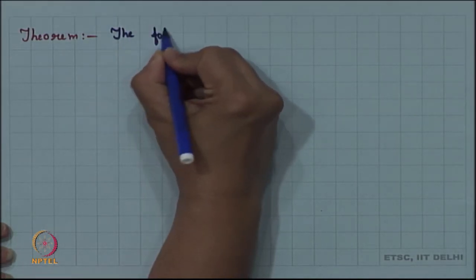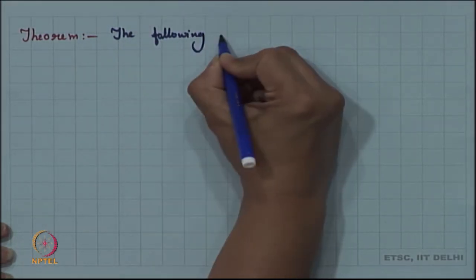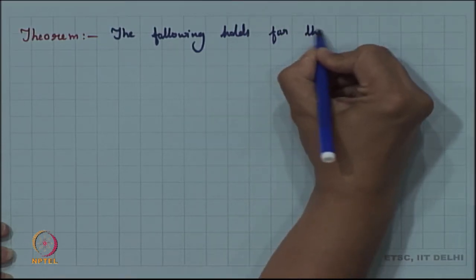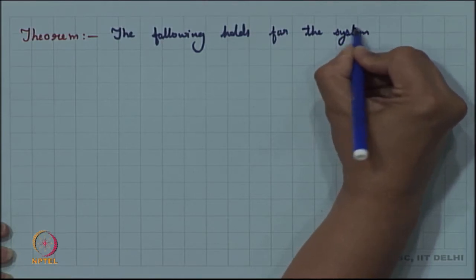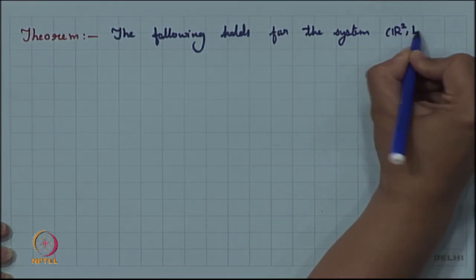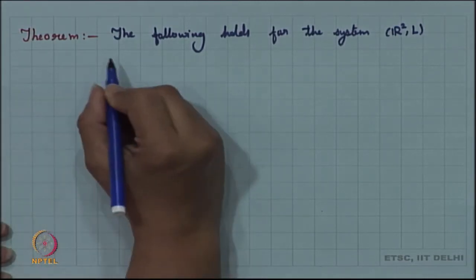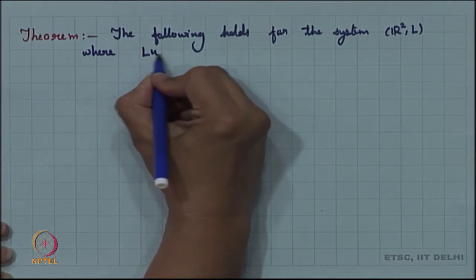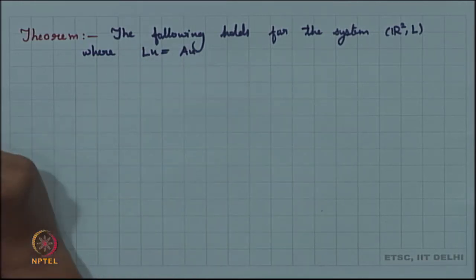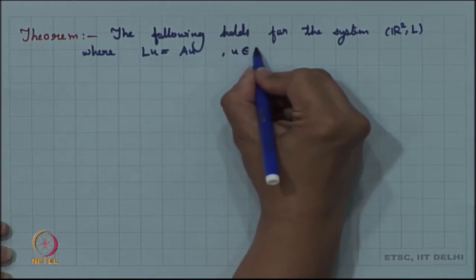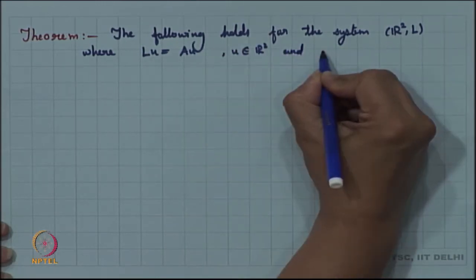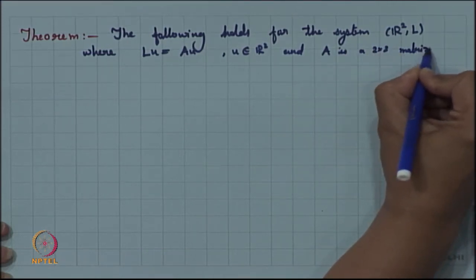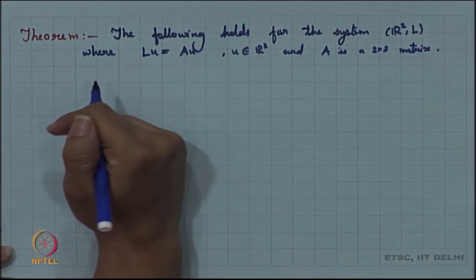The following holds for the system on R square, L U equals A U, for U belonging to R square, where A is a 2 cross 2 matrix. So, the theorem says the following.